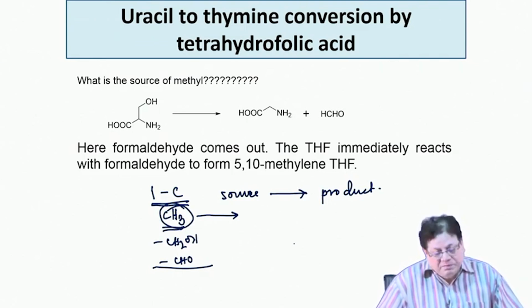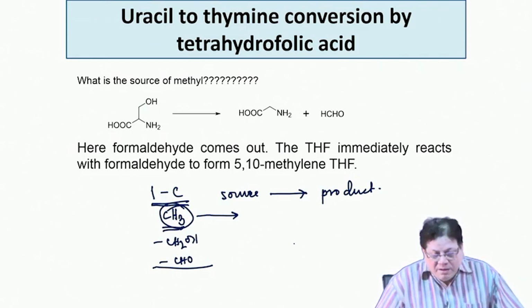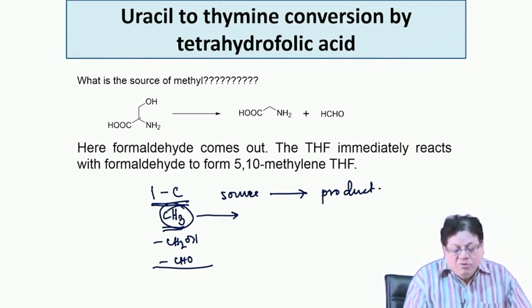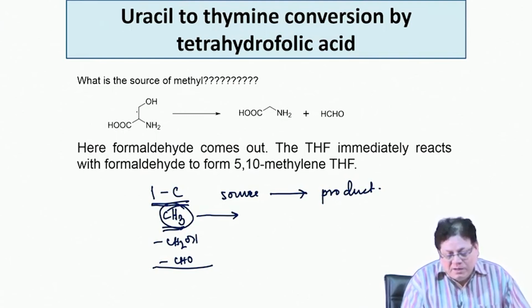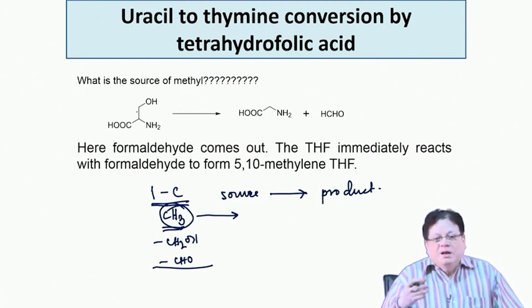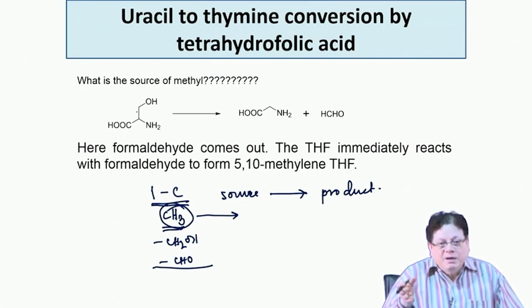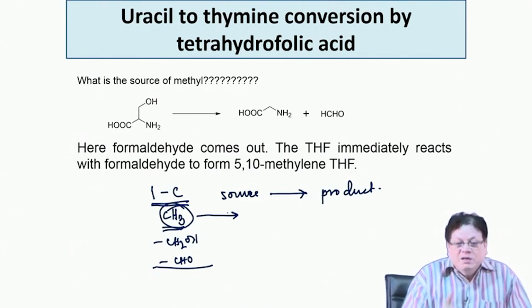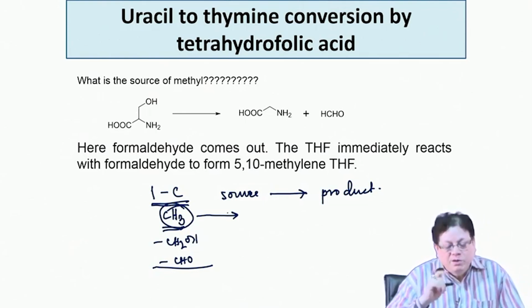Now, how does this folic acid, this tetrahydrofolate to be specific, do the transfer, what is the mechanism of this reaction? Okay. Before that, we have to first figure out what is the source of this 1 carbon unit.